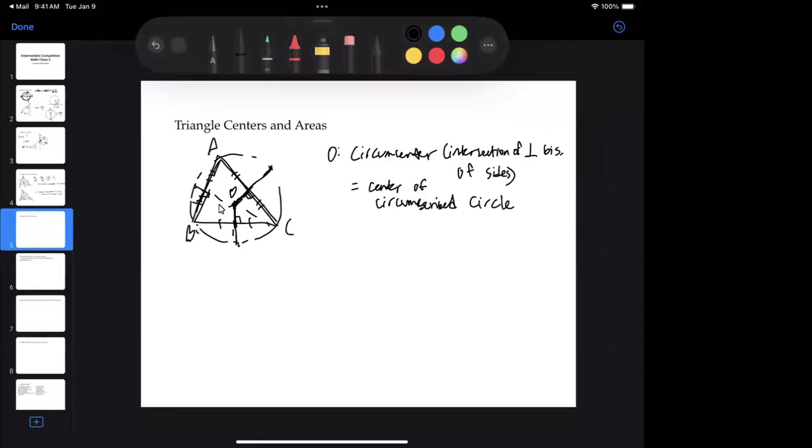All right, what else? I guess we can also just do the orthocenters. The orthocenter is the intersection of the altitudes.